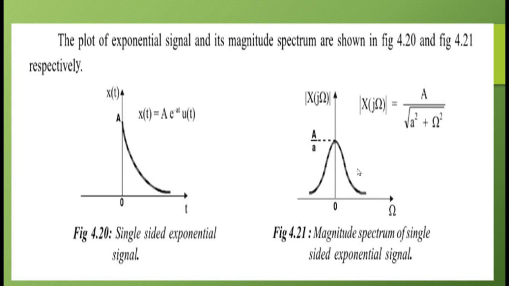Now how to plot this? For a fixed value of a, say you can consider a as 0.5 or a as 1, substitute different values of the frequency omega and calculate the magnitude spectrum value. And you could plot this spectrum using the values you have obtained by substituting different values of omega.